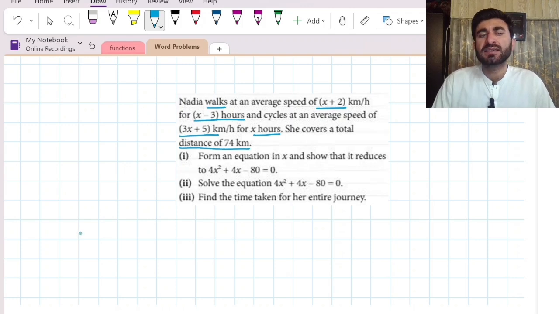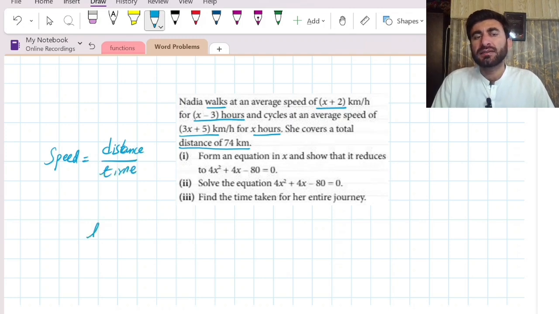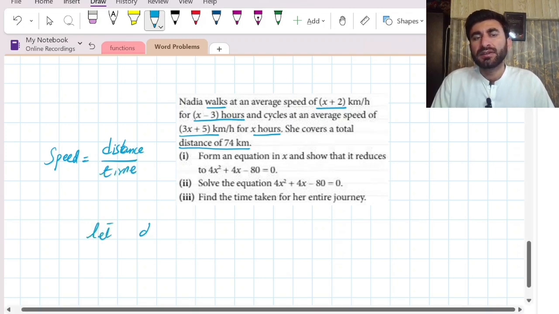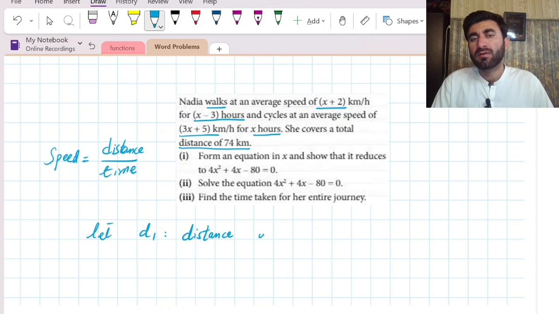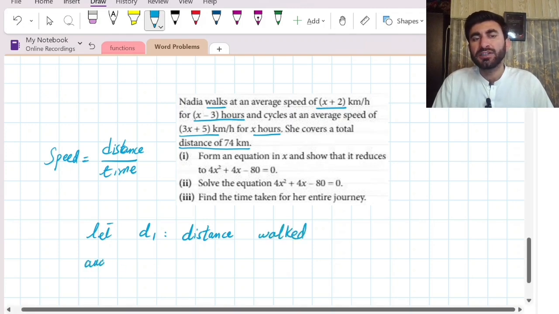So first let us calculate the distance walked, and we must remember the famous formula for the speed, which was distance divided by time. Let d1 be the distance walked and d2 is the distance cycled.